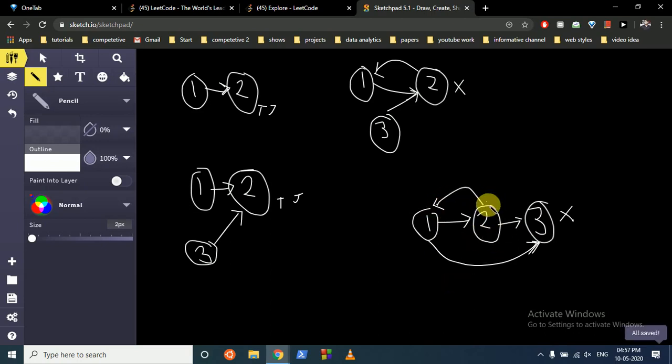But there is a case where 3 is trusted by both of them. So the logic can be: because every person trusts this person, the in-degree, or the number of arrows towards this node, should be equal to n-1, the total number of people minus 1. Everyone should trust this person, so n-1 in-degree should be there towards this node.